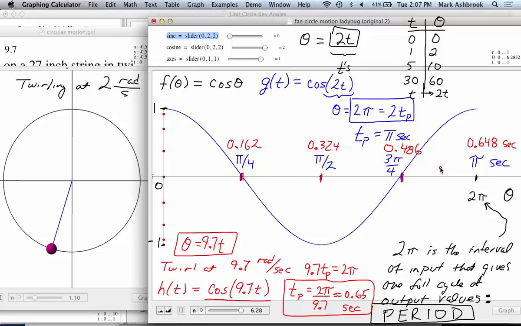Now, we're bringing a new variable into it. We're bringing time into it, and we're going to write these cosine and sine functions as functions of time. But the key is that there's the middleman of the angle. Whatever expression we put into cosine or sine as a whole is still the angle swept counterclockwise from the 3 o'clock position, still the input of sine or the input of cosine.